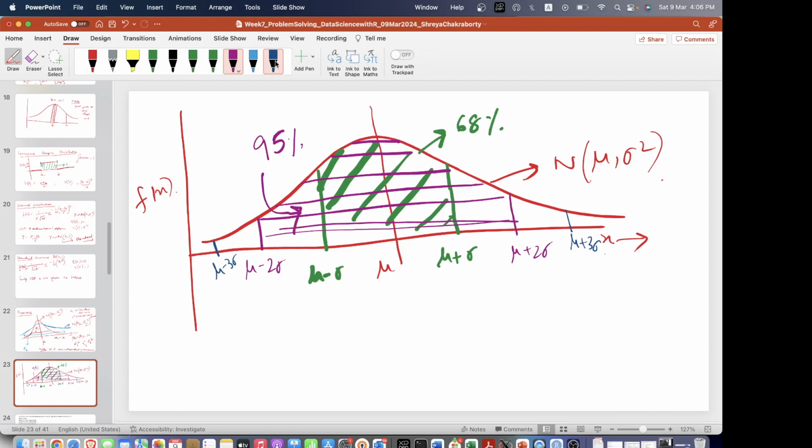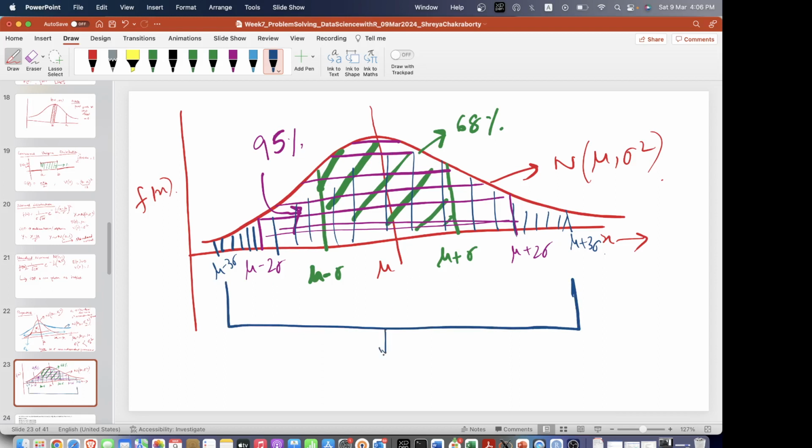Okay, and let's say this area from mu minus 3 sigma to mu plus 3 sigma, this entire area is actually greater than 97%. Sorry, 99.7%.